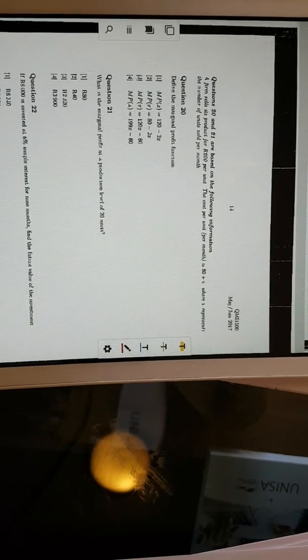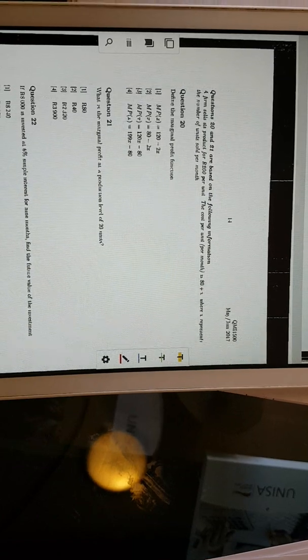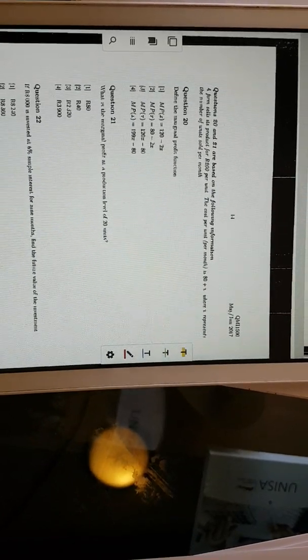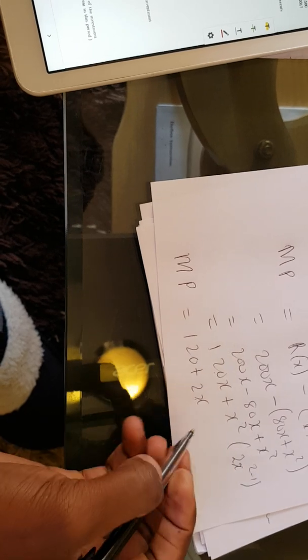And then question number 21. They're asking, what is the marginal profit at a production level of 20 units? So wherever there is X, you need to substitute 20.